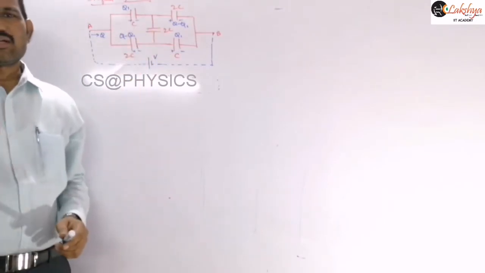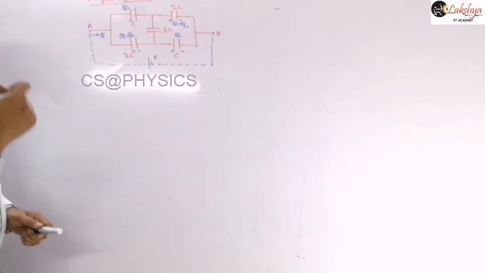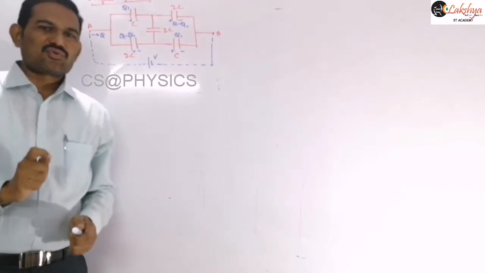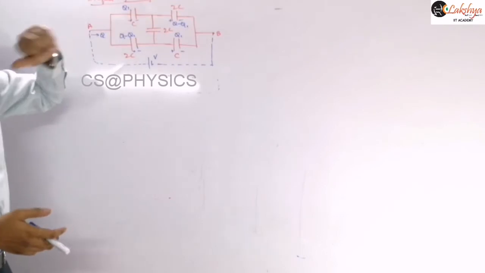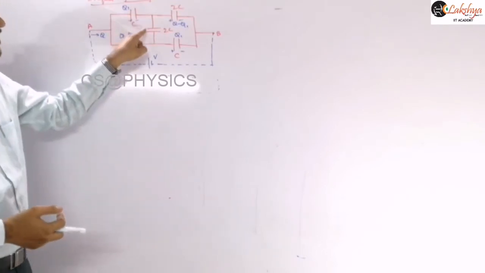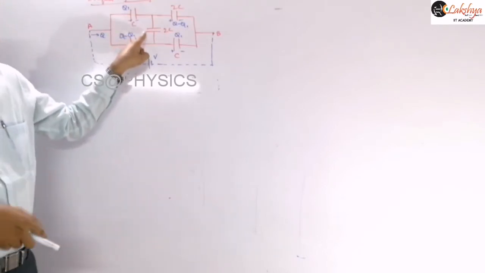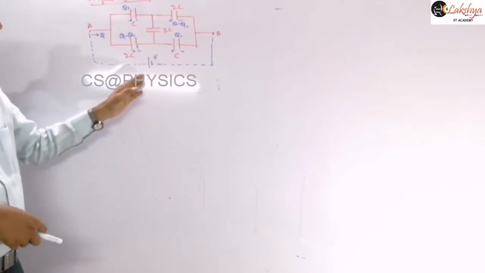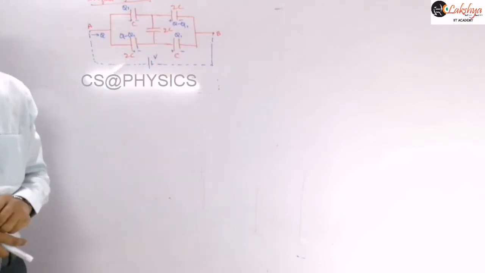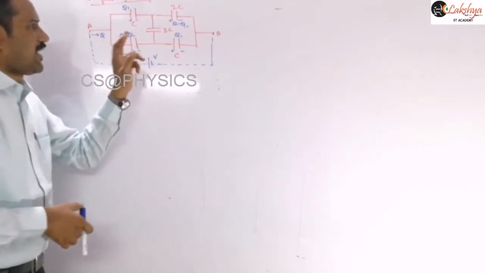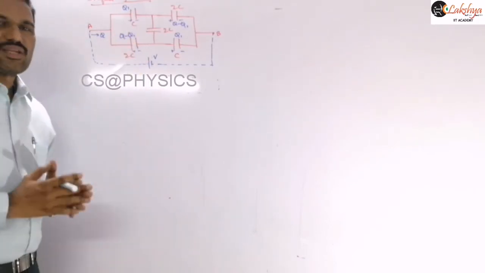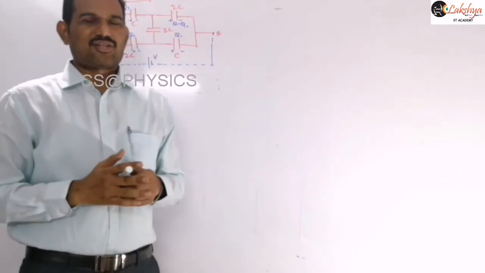So let us assume that charge is some Q2. Now the question arises whether you need to take the upper plate as positively charged or the lower plate as positively charged for this 2C capacitor. You can decide this just by seeing the polarities of this battery, right? And for this, as we know in Kirchhoff's law, there is no confusion regarding the current flow direction.